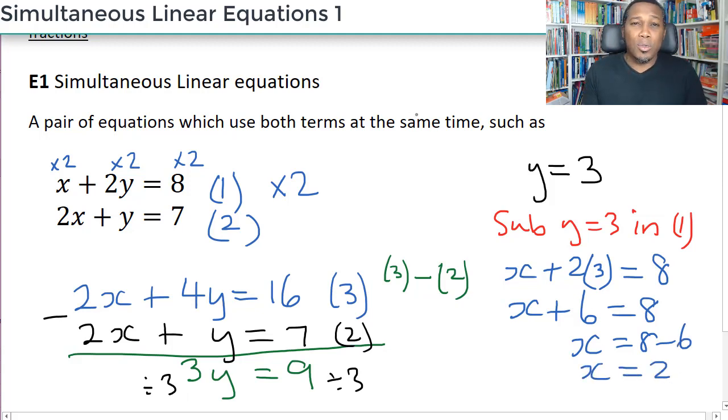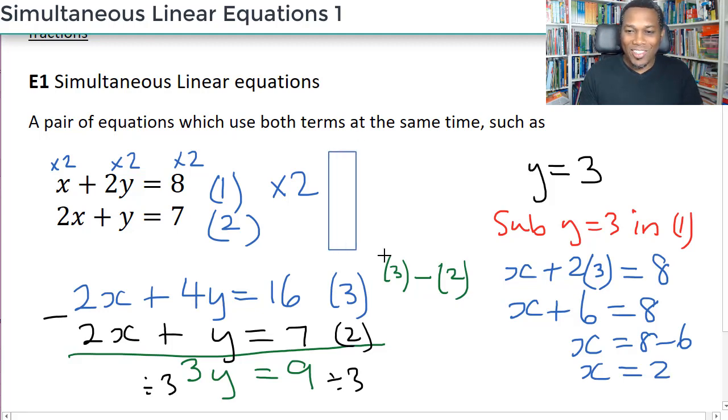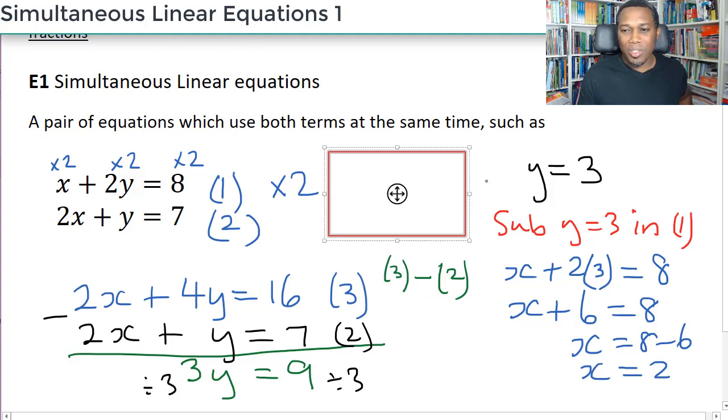And the last thing you will generally do, what do you think is the last thing you'll generally do? Check. Yeah, that's it. You're going to check your answer. Remember, in the power of algebra, you don't just do a sum and move on with your life. You check.